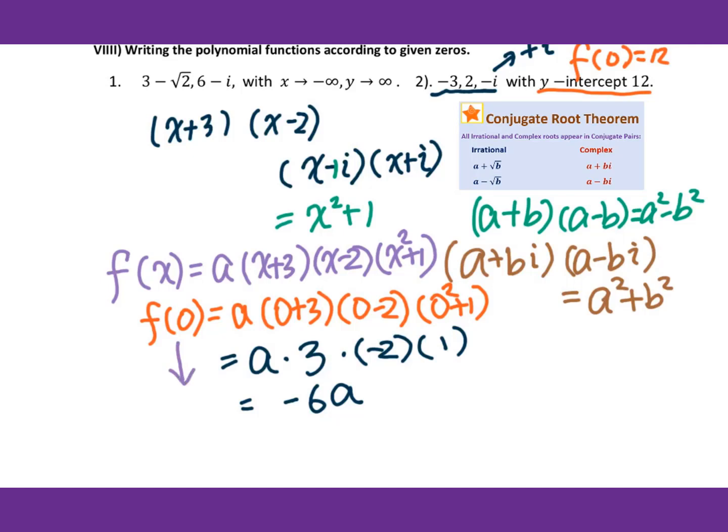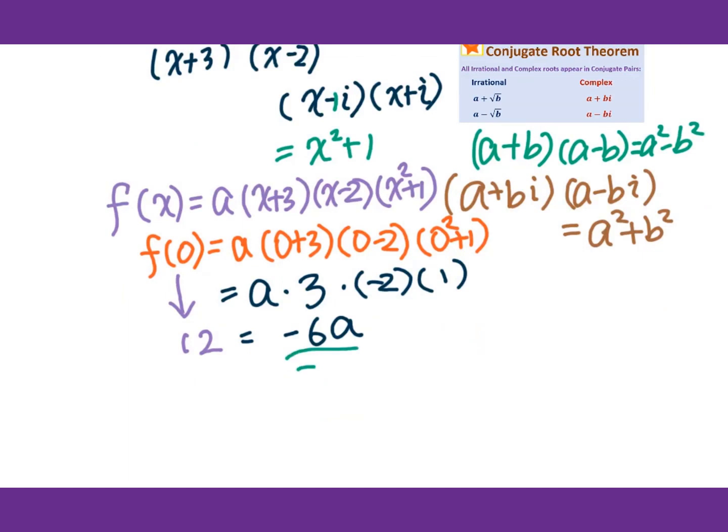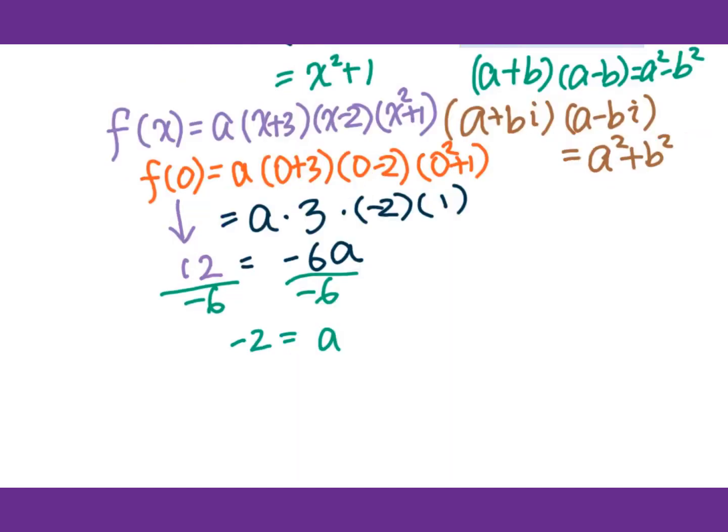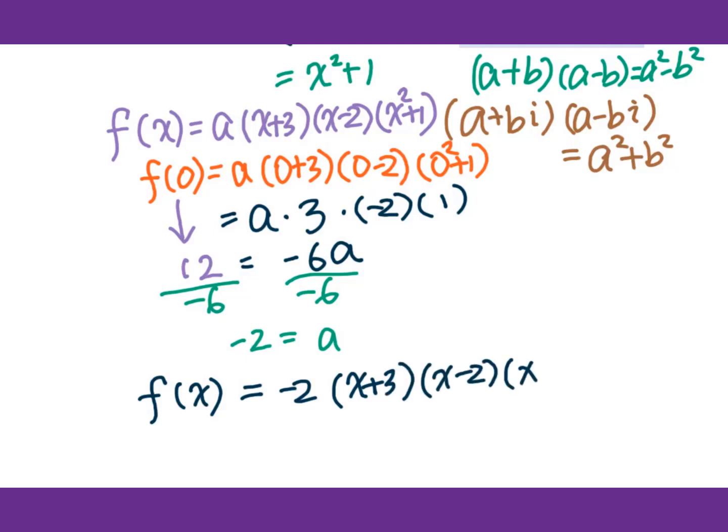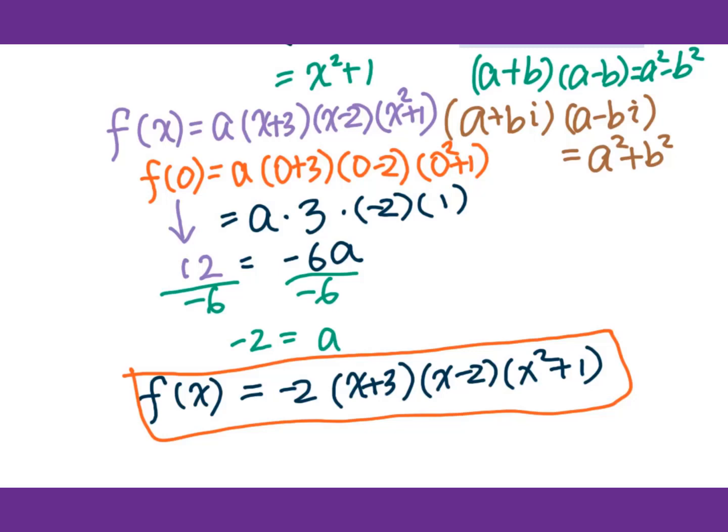Since f of 0 equals 12, I put the 12 here. Then we divide by negative 6. a equals negative 2. Therefore, the polynomial we are looking for is negative 2 times x plus 3, x minus 2, x squared plus 1. This is the answer to this question.